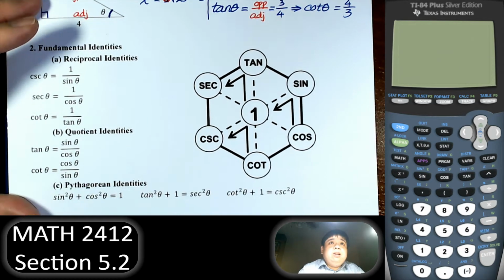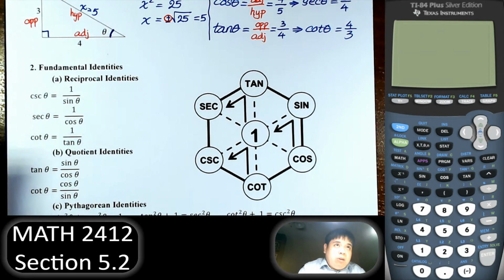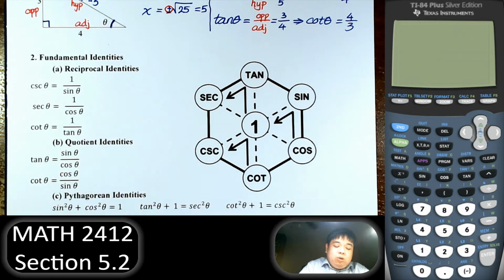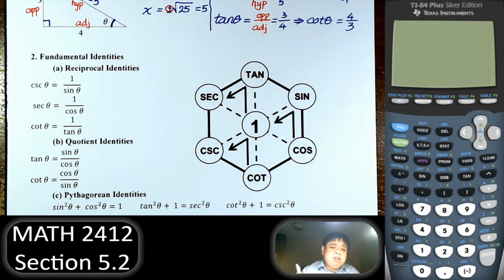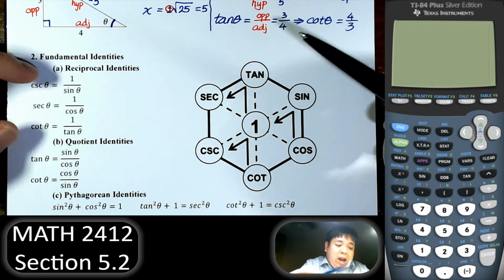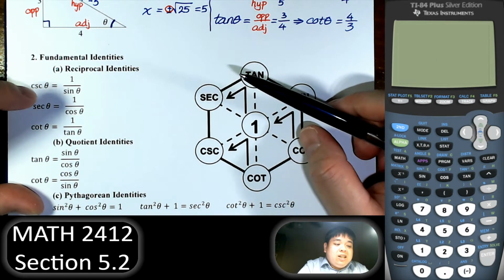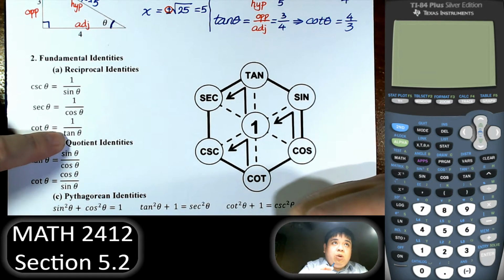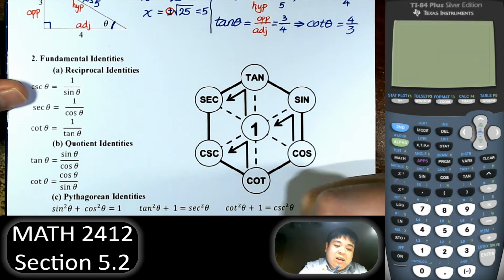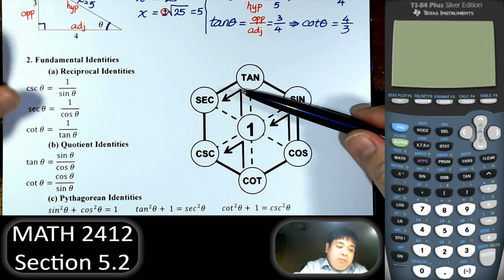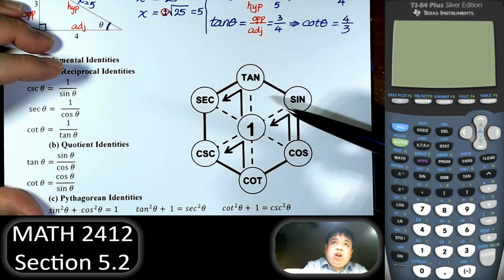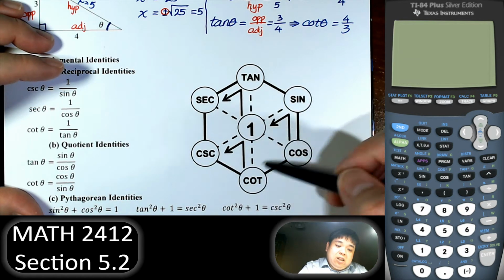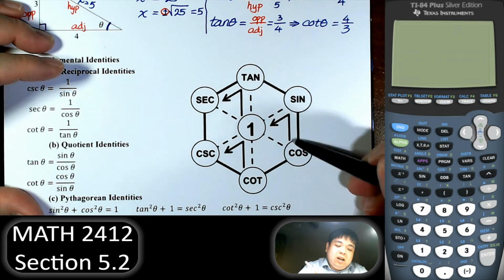So next we have some fundamental trigonometric identities. Of course, if you took my trigonometry class you already see this. So I found this trig hexagon. What we have is the ratios, of course: cosecant is the reciprocal of sine, secant the reciprocal of cosine, cotangent the reciprocal of tangent. We've used that before. Now, the way we construct the hexagon is this. We have the hexagon: tangent, sine, and cotangent.